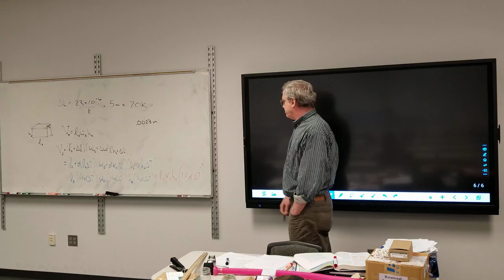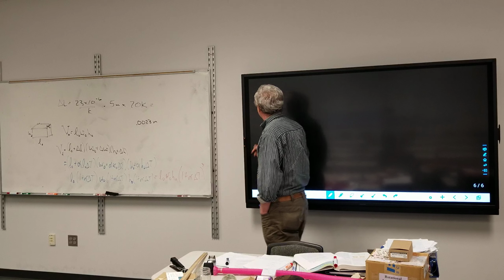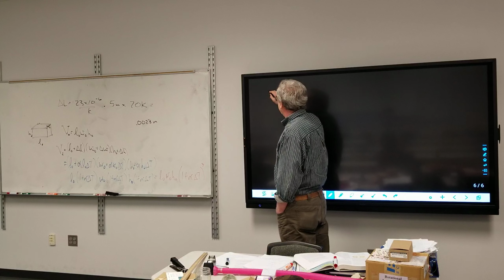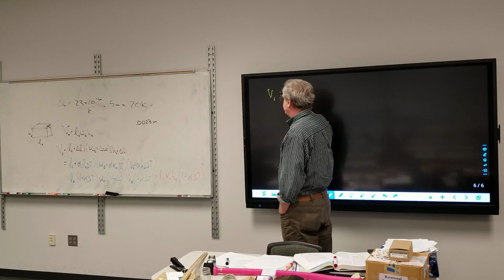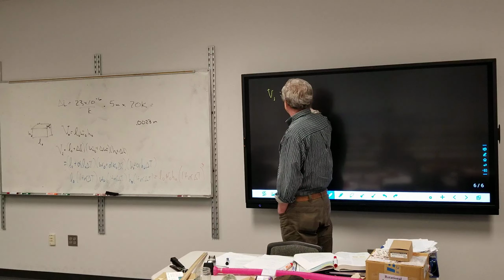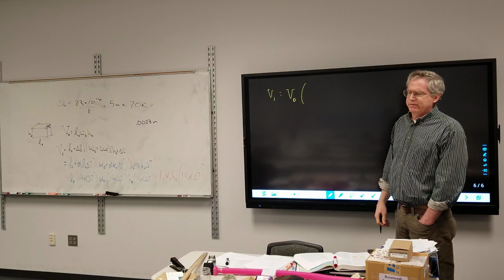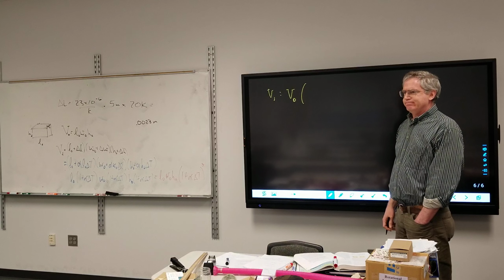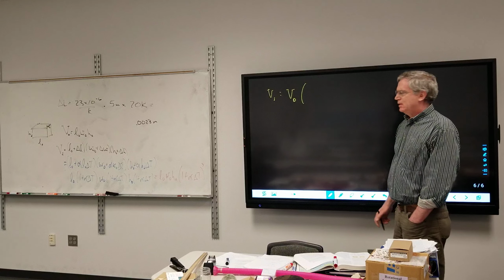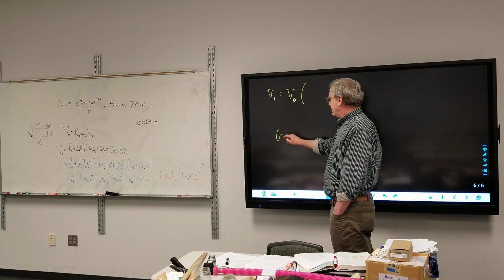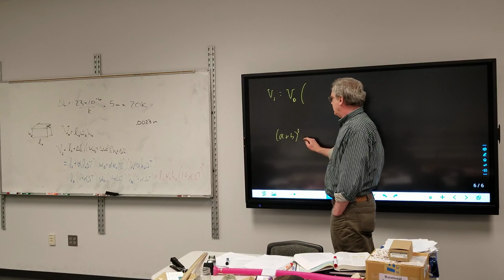All right, so I got this binomial here being cubed. So I have my final volume is equal to, in essence, my initial volume, V sub 0, times, if I got a binomial cubed, what is it? A plus B cubed.